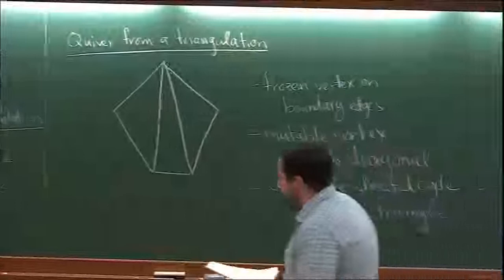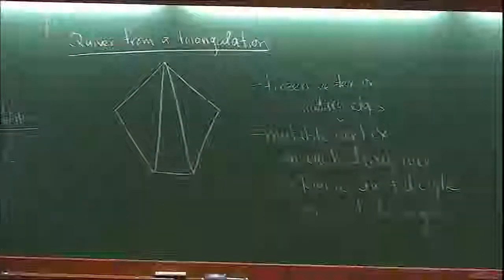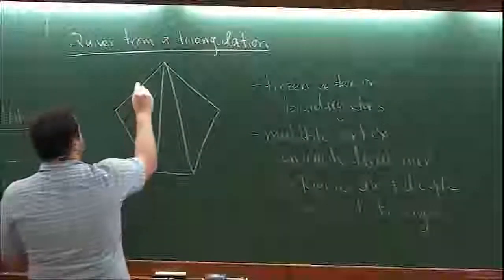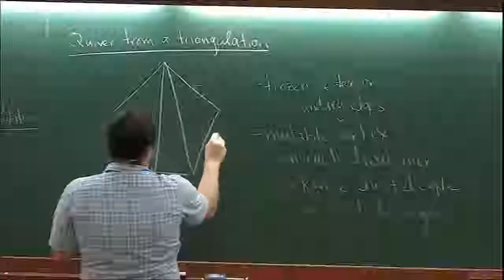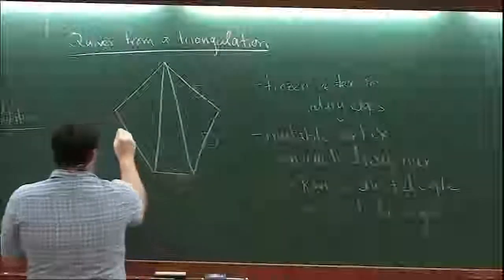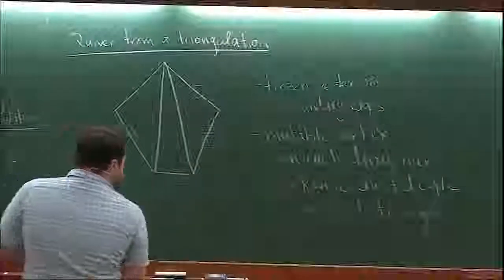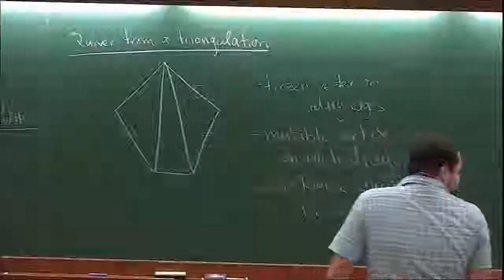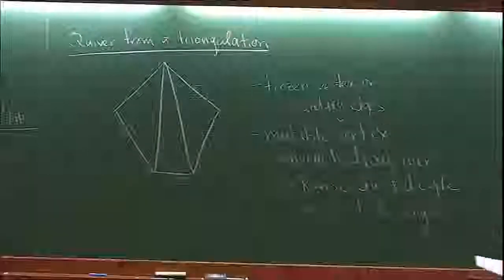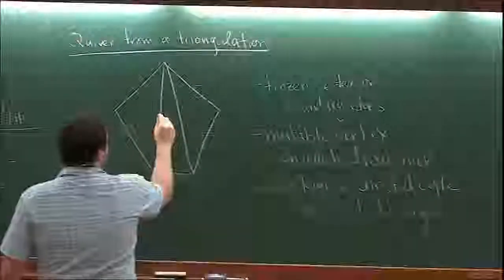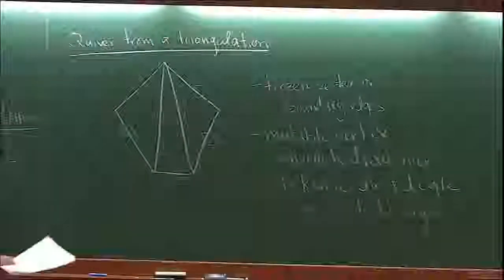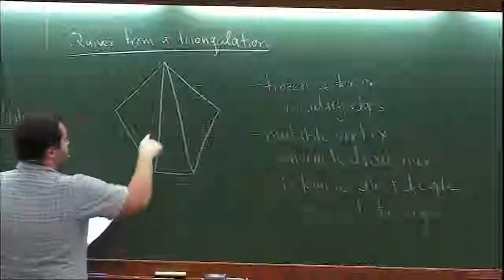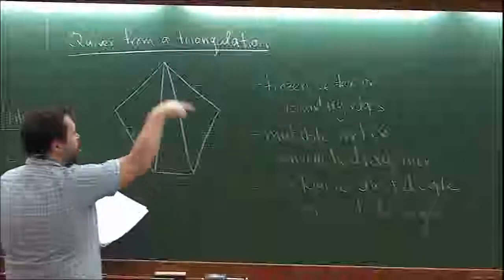Okay? So let me draw the picture. I'll draw frozens in blue because they're frozen. And then just to have some other color, I'll draw the mutable ones in red. And then clockwise is like this.